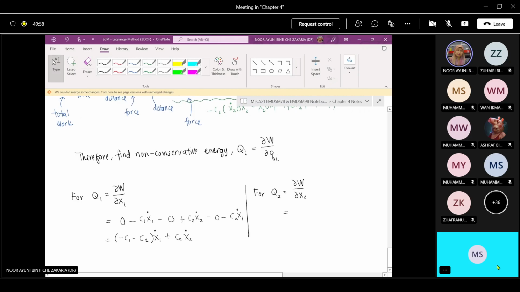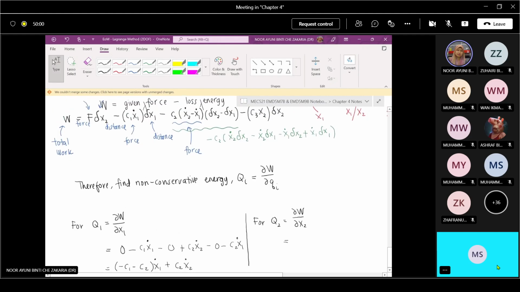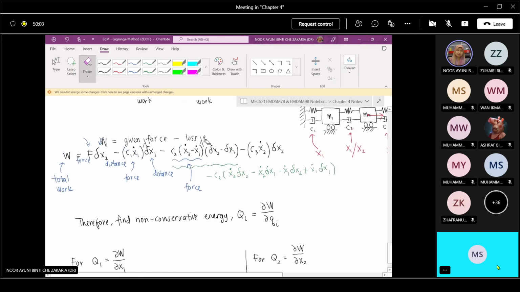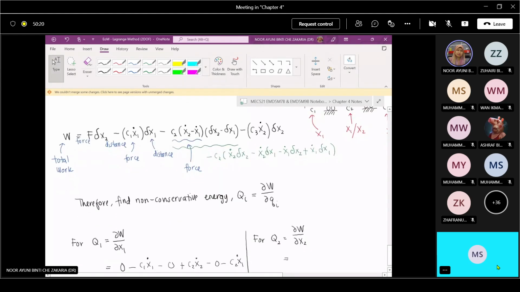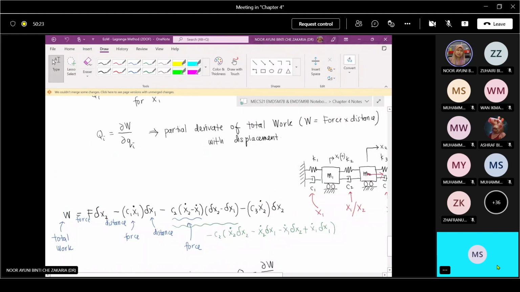Okay, so for Q2, what is this? This is collaboration notes. If anyone moves it, everything moves. What went missing just now? Work is equal to given work force minus loss.